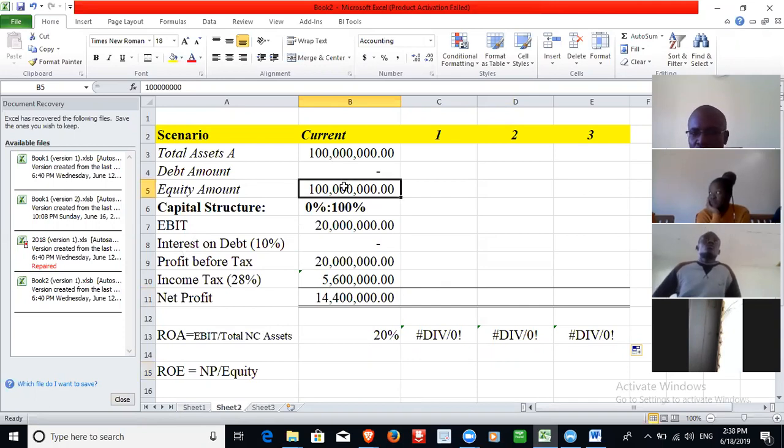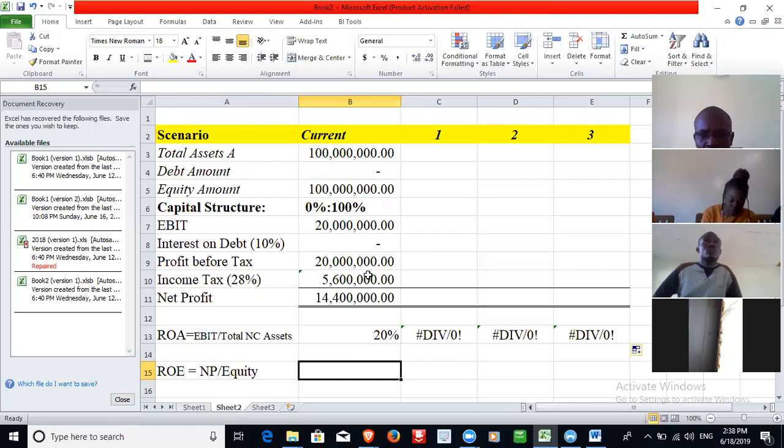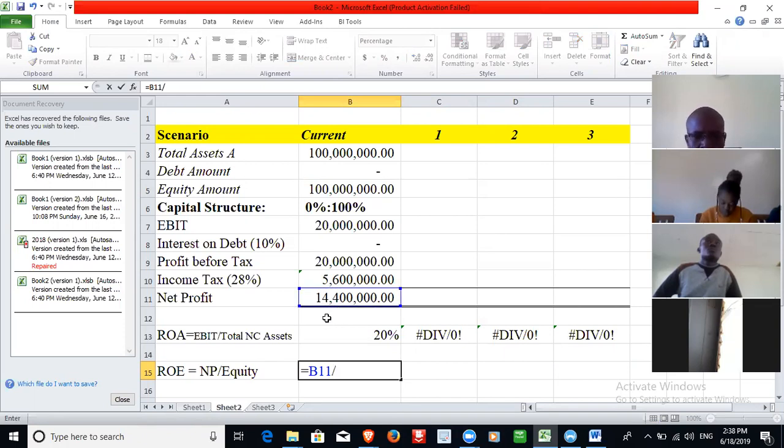the equity amount that they would have invested. So it's going to be net profit 14.4 divided by equity amount invested 100,000.